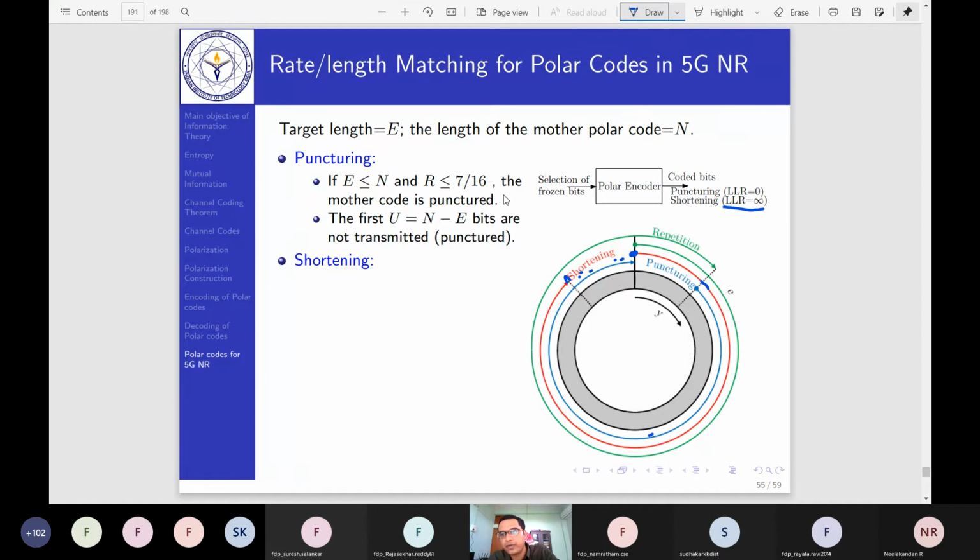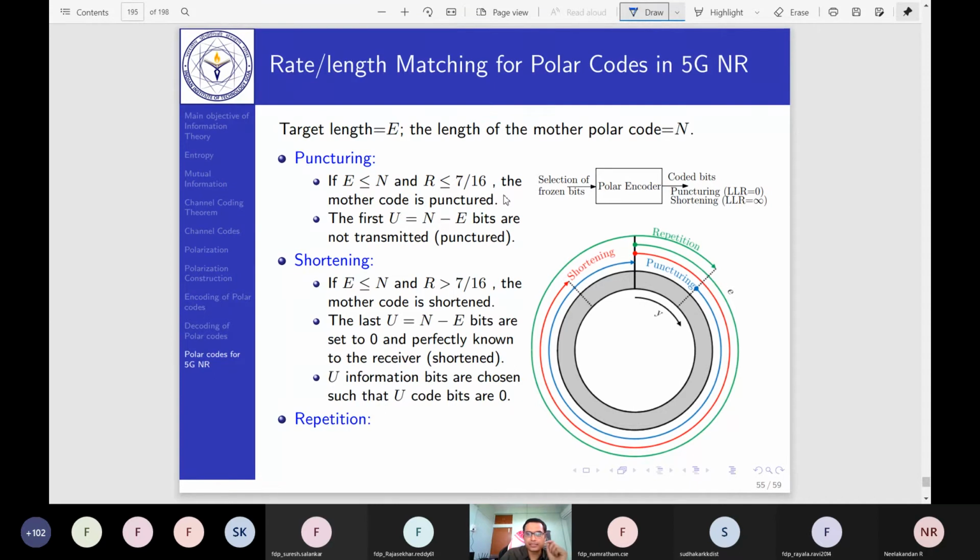Because they are known to the receiver perfectly, the log likelihood ratio is infinity; we have an infinite amount of reliability. Puncturing is applicable when the rate is small, and shortening is applicable when the rate is high.